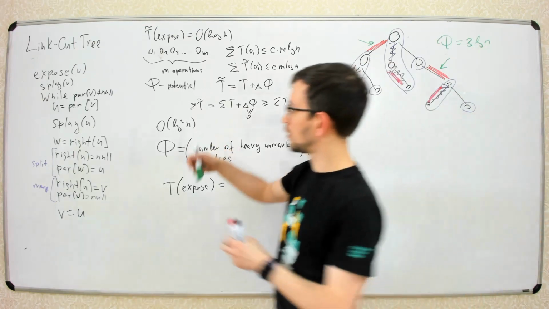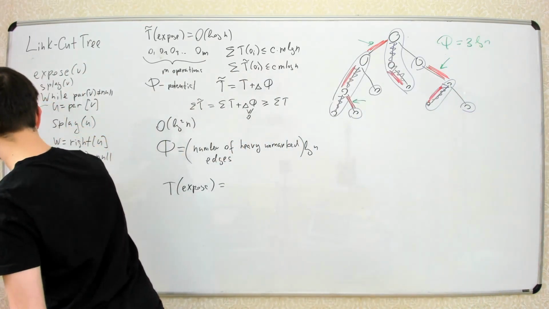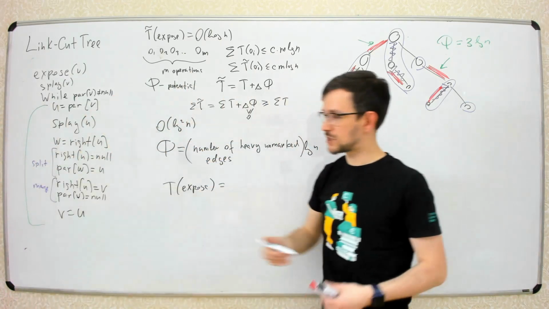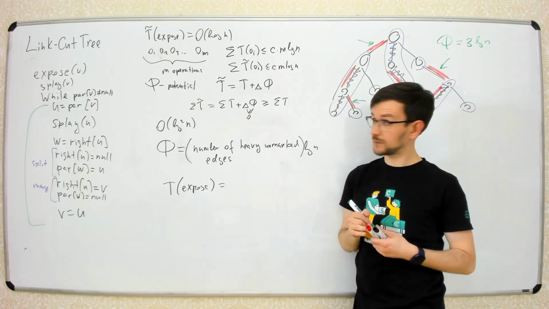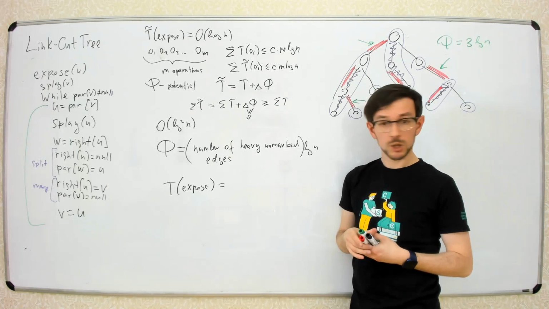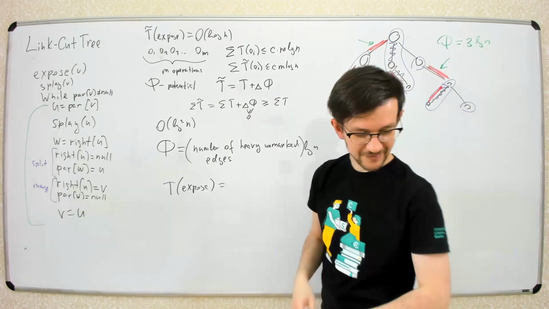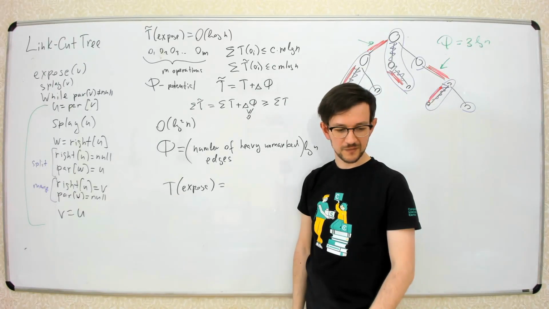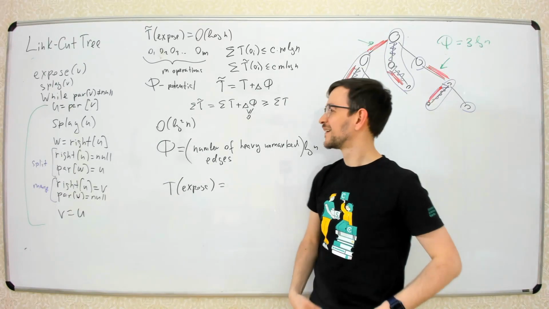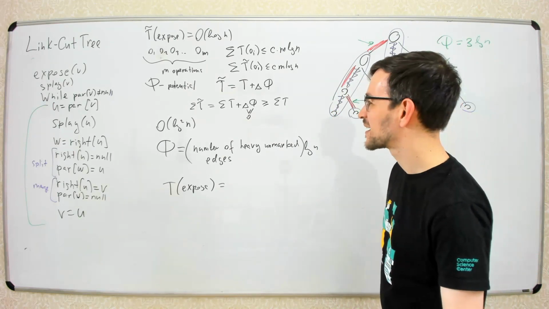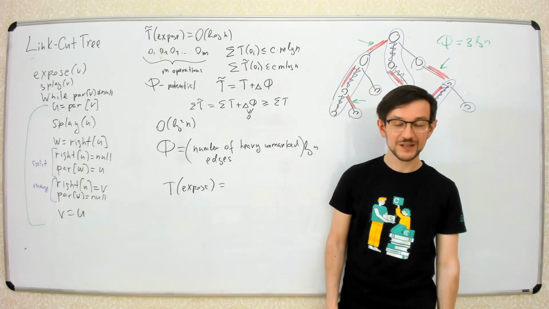We have this while loop. What is the time complexity of a single iteration of this while loop? Let's stop here for a little.